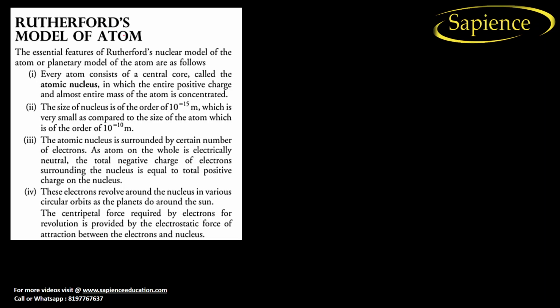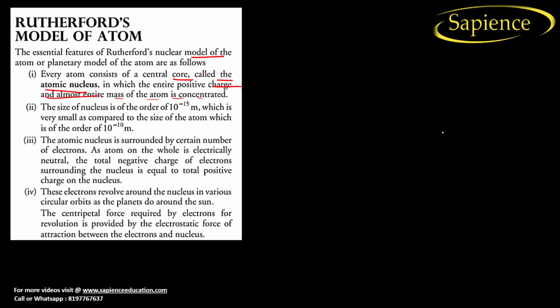Now next is Rutherford's model of the atom. He proposed a model of the atom. The essential features of Rutherford's nuclear model, the planetary model of the atom, are as follows. Every atom consists of a central core called the atomic nucleus, in which the entire positive charge and almost the entire mass of the atom is concentrated.